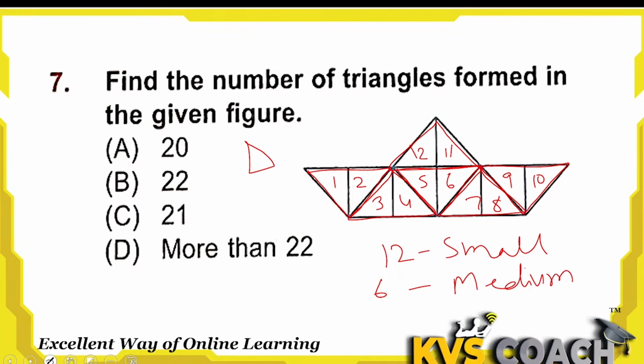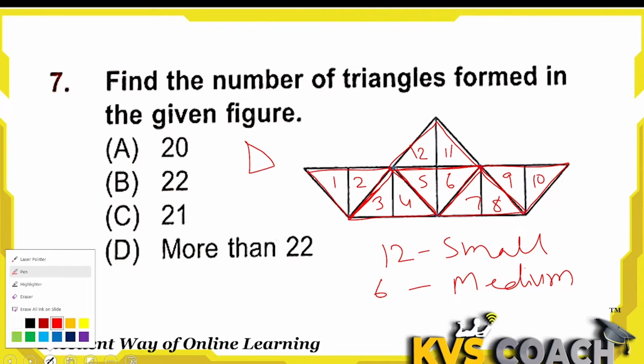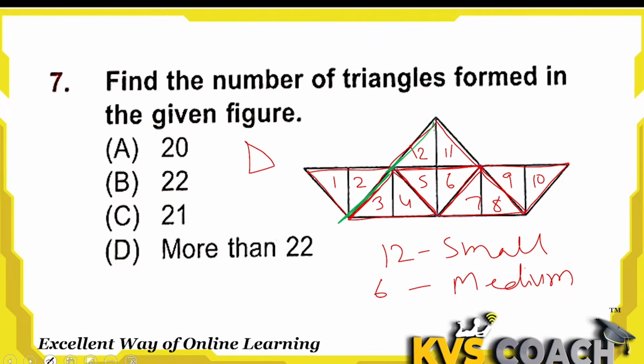Now we are talking about the bigger triangles. So what are the bigger triangles? You can see that here, let me change the ink. I will take green ink. Then this is this and this. One is here, this one is here, 2.